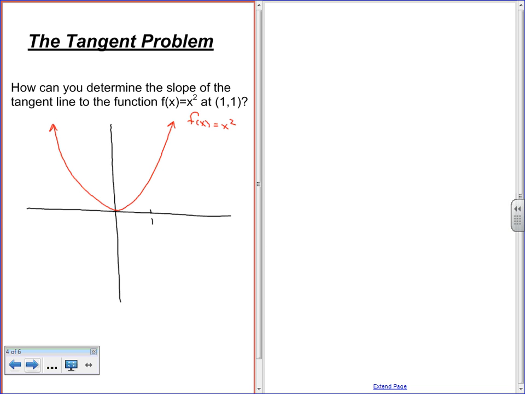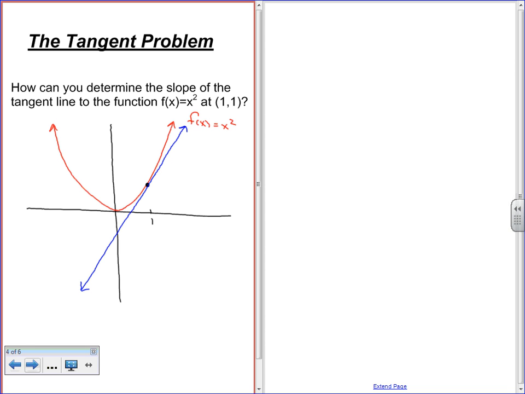So I'll say this is 1 here, and then I substitute that in, and I get that value. What I want to do is figure out the slope of this blue line. The tangent line comes along the curve, touches it, and then continues on.